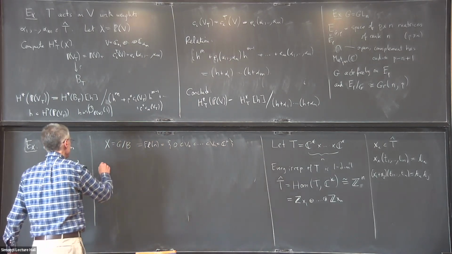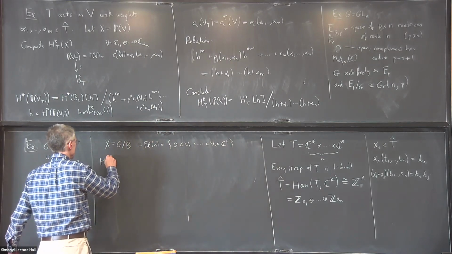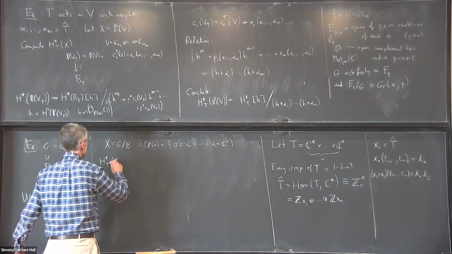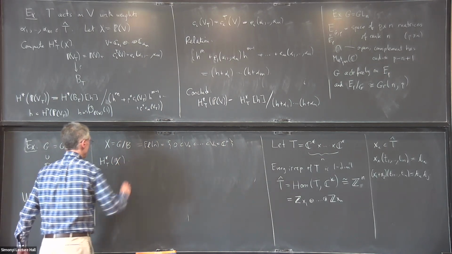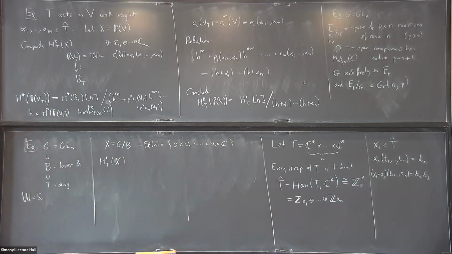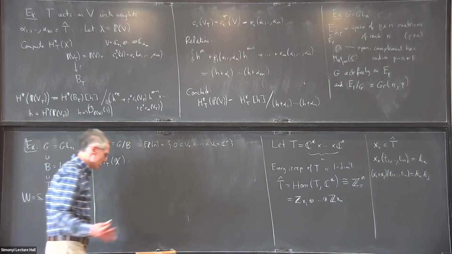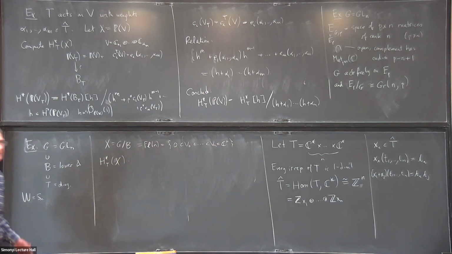And I want to compute H star T of X. Now you might ask, first of all, the natural question: why don't I try to compute H star G of X, because the group G is acting, not just T? It turns out that for some strange reason, the group G is a little bit too big, in the sense that there are no fixed points or anything.